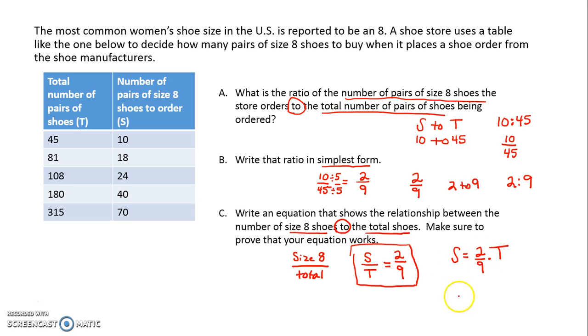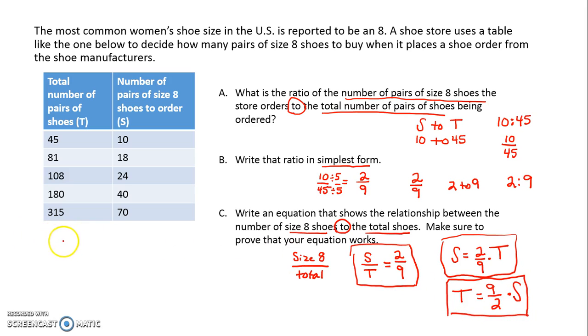And now I'm really probably going to freak you out, but you could also do the total equals 9/2 times your size 8 shoe. So then they want to prove that the equation works. So well, not just to me, mathematically, all 3 of these equations work. All 3 of these equations are totally acceptable.